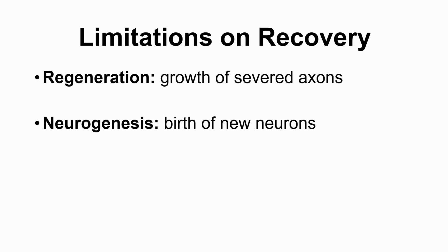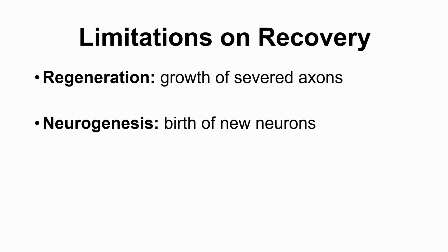But in the peripheral nervous system, if we had, say, a broken arm or something, and it severed the nerves connecting to our fingers, if we had received treatment quickly enough and the cell body itself wasn't harmed, even if the axon died off because it was severed in the break, that axon would regrow.